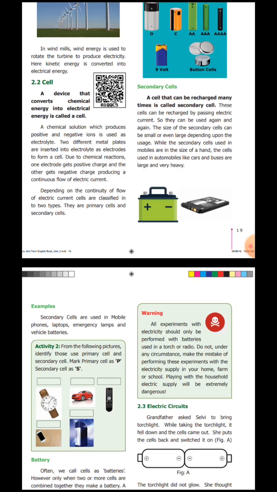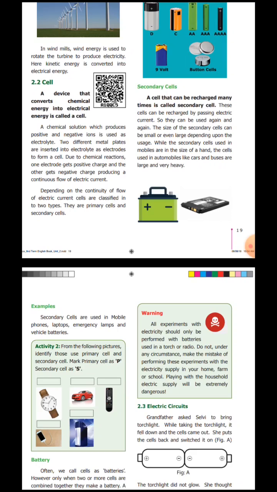A cell that can be recharged many times. Yes. So the primary cells we saw cannot be recharged and can be used only once. But in the case of a secondary cell, it can be recharged many times so that it can be used again and again. How are we recharging? We are recharging by passing the electric current.